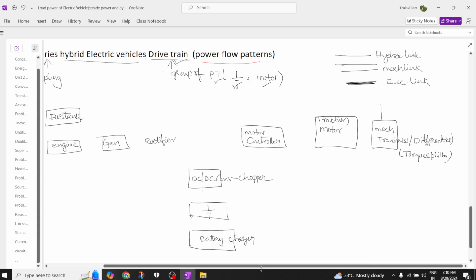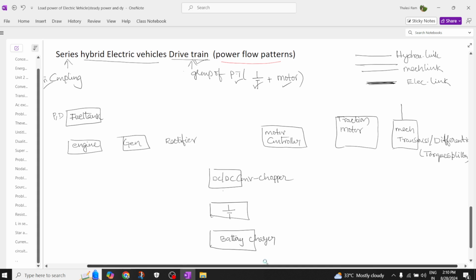Now see here how to connect these different components. So you have a fuel tank. From the fuel tank we are going to connect the engine with a hydraulic link. From the engine to the generator, so the engine is rotating and we need to convert this mechanical to electrical, and that's why there is a link there. And here we have the battery.